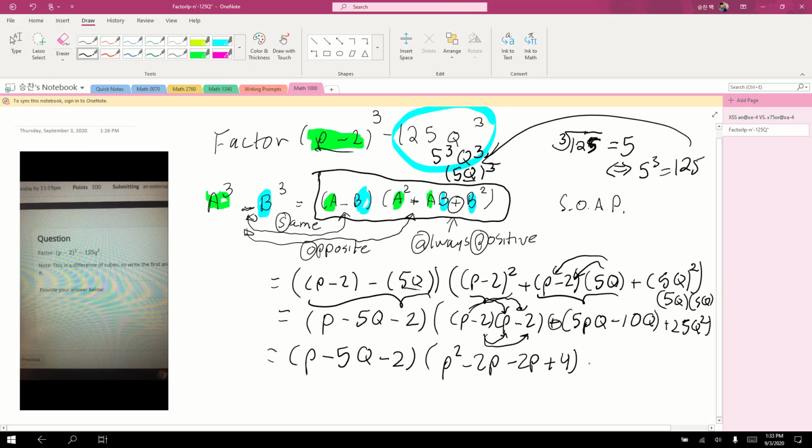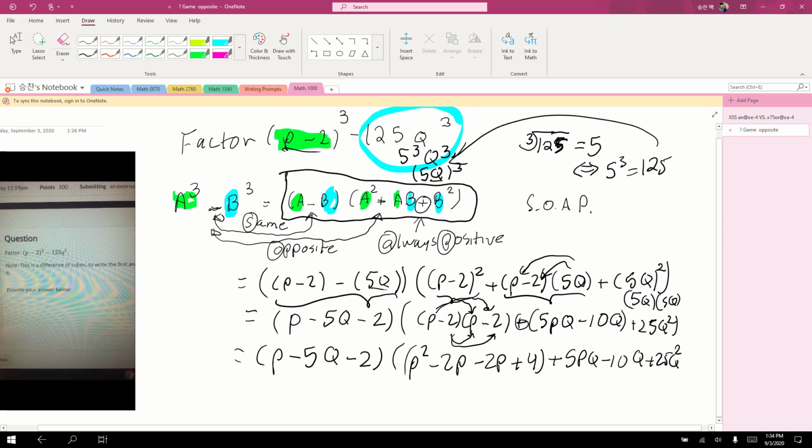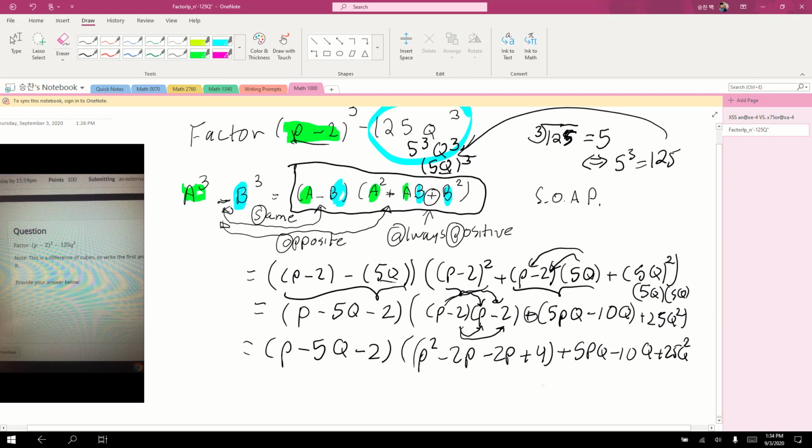So then I have plus 5pq minus 10q plus 25q squared.